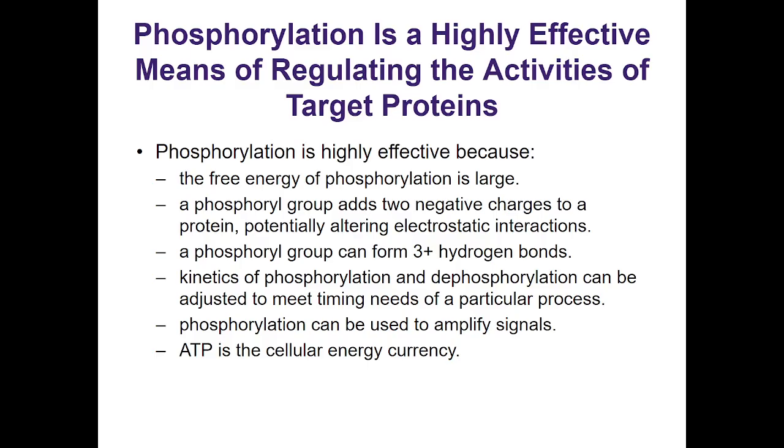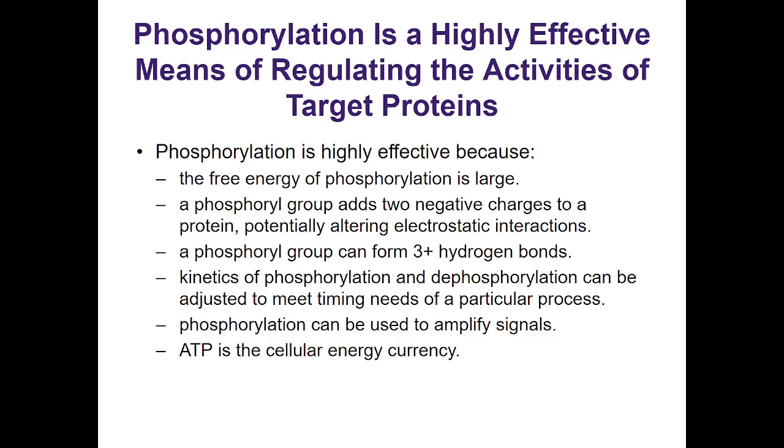Now, phosphorylation is going to be a highly effective means of regulating the activities of target proteins. Phosphorylation is highly effective because the free energy of phosphorylation is very large, meaning it's hard to gather that amount of energy in normal cellular conditions without ATP being involved. A phosphoryl group is going to add 2 negative charges to a protein. This will potentially alter the electrostatic interactions.